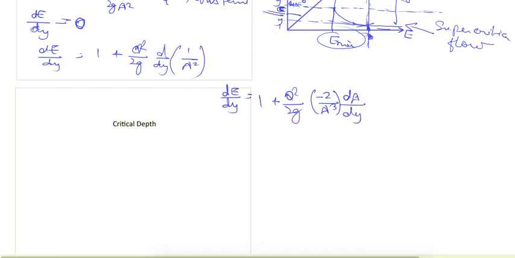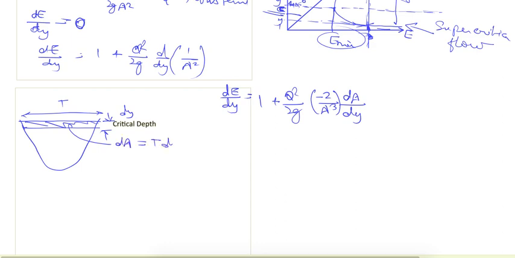Now for this dA by dy, in a channel if I consider a small strip from the top, with top width T and depth dy, then this area will be dA, which is equal to T into dy. From here dA upon dy is equal to T. So we can put that in this equation, and it will be 1 minus q square T upon g A cube.